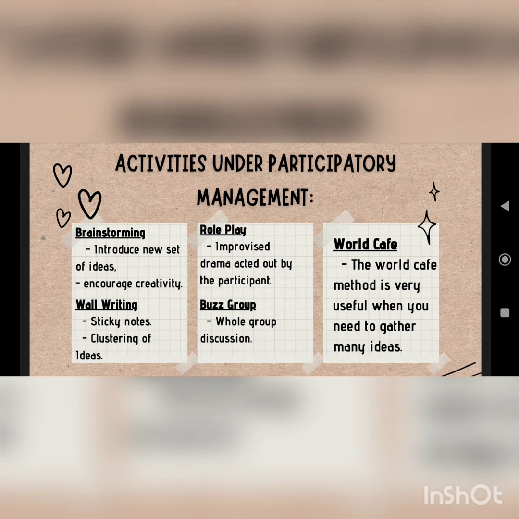Second is wall writing. It is actually a clustering of ideas. The teacher will give a certain topic or word, and a group will give information or define that word or topic. Next is role playing, improvised drama acted out by the participants.